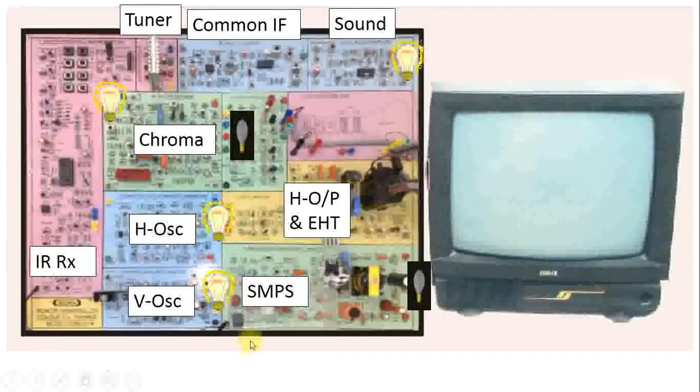When the 230 volt is given to this switched mode power supply, there are basically two types of power supply: linear and SMPS. Linear power supply is not used because the television becomes bulkier. To avoid that, the SMPS, switch mode power supply, is used in this color television trainer kit.